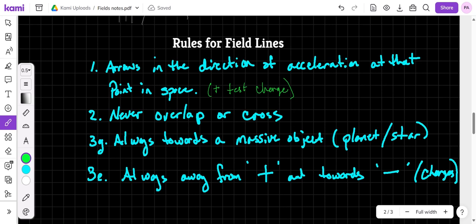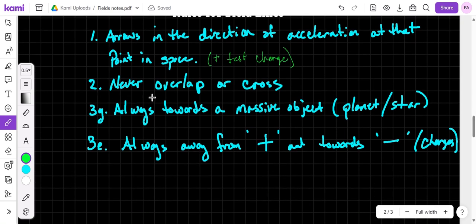You can't have negative mass, and so they always attract each other. But for electric charges, because you can have positive and negative charges, we assume that you are testing a field, you are placing a positive charge into an electric field. And so the field lines are the direction of the force on that charge at any particular point. Follow me there? Okay.